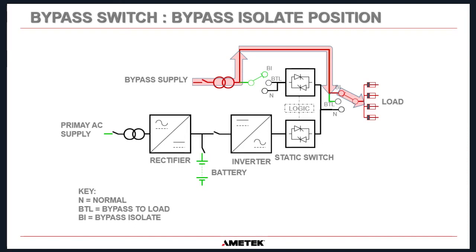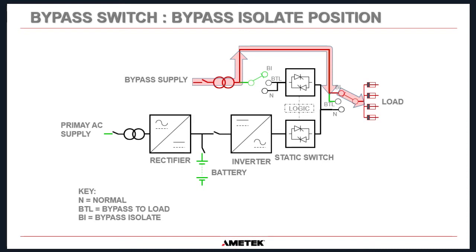So if you imagine, and people say, well, why would you want to do that? Well, the really good thing, especially about a remote manual bypass switch that is external to a UPS, is that you have this primary AC supply isolated, you have the battery isolated, and you have the system in bypass isolate position. So these are actually the output terminals from the UPS here and the output terminals from the UPS here.